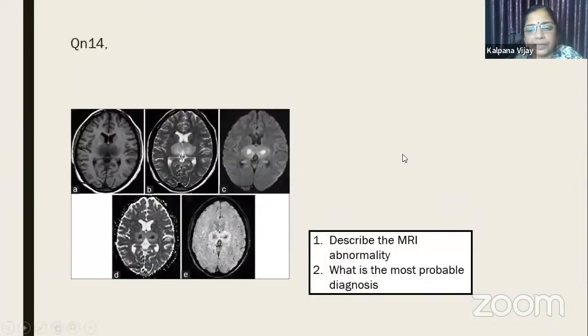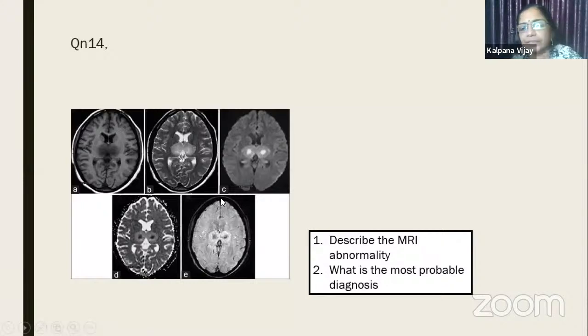Describe the MRI abnormality and what is the most probable diagnosis. What is the abnormality? You can look at picture B and other pictures. This is the SWI picture. This is the diffusion.